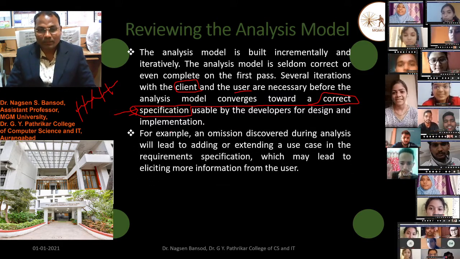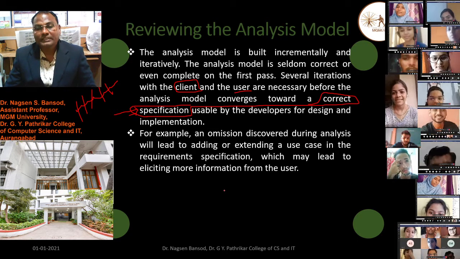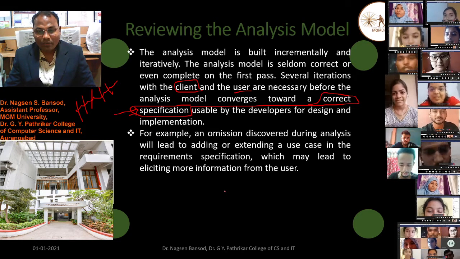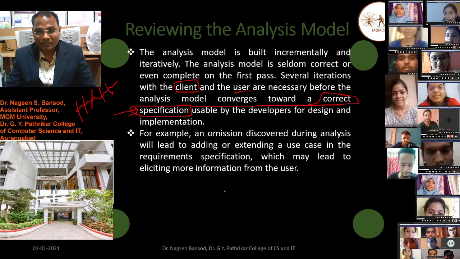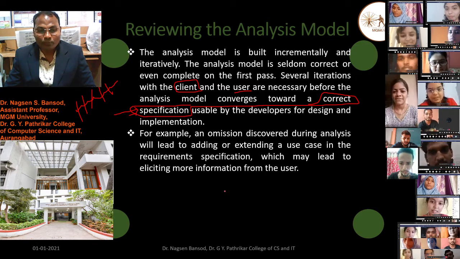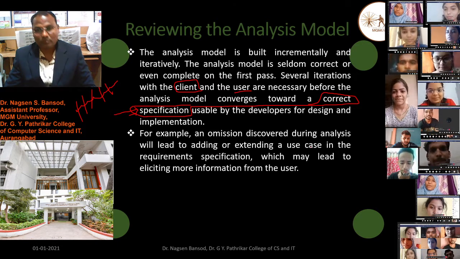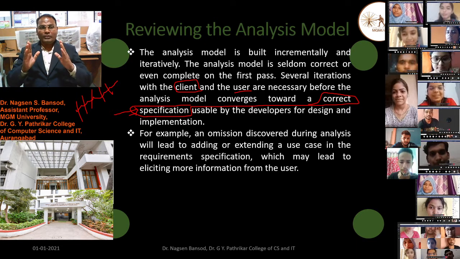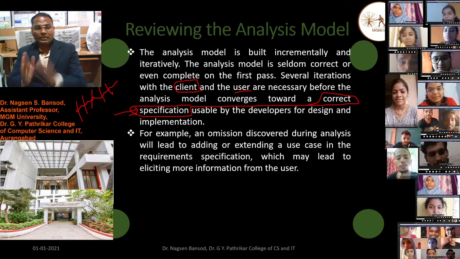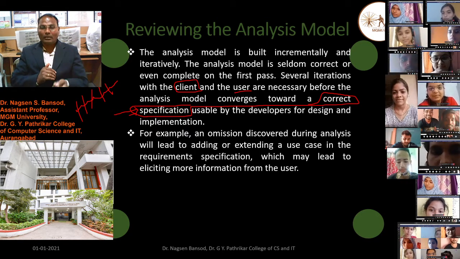For example, an omission discovered during analysis will lead to adding or extending a use case in the requirement specification, which may lead to eliciting more information from the user. Which function we have to omit and which function we have to add in the software, that information we get from the client.